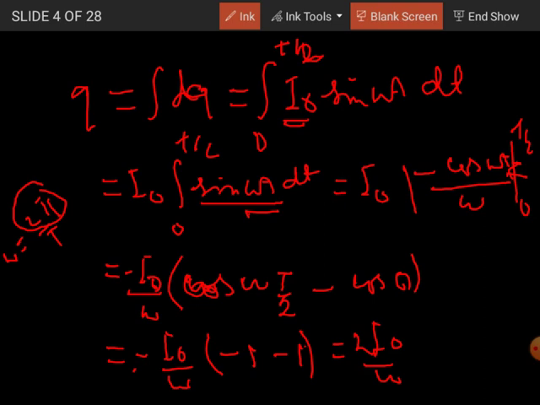This omega, as I said, will be equal to twice pi divided by T. So if you put that value, it will be twice I naught divided by twice pi, into T. Got it? So your Q will be equal to, after cancelling, I naught T by pi, right?